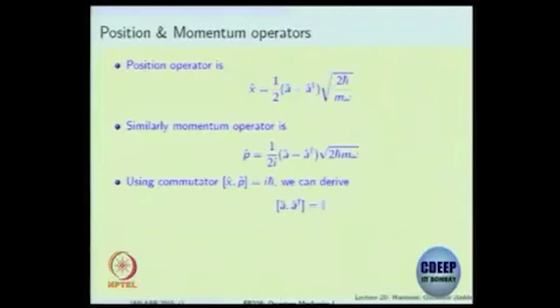By the way, we know trace AB is the same as trace BA. What will happen here? So it has to be an infinite dimensional vector space. You cannot have a finite dimensional vector space like angular momentum.